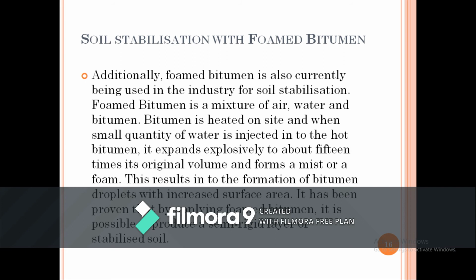Because of this increased surface area, whenever you apply it on the surface, it forms a semi-rigid layer of stabilized soil. For that reason, you are using this foamed bitumen not only in ground stabilization, even in the construction of pavements, because of the reduction in the quantity of bitumen, we are finding its use more.